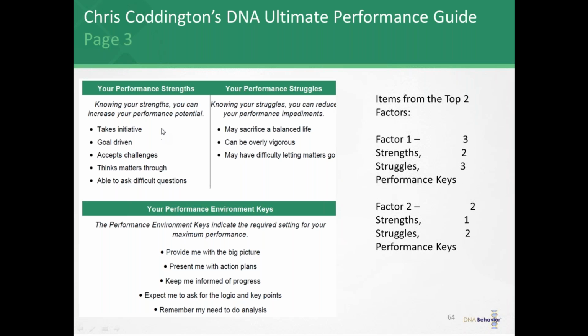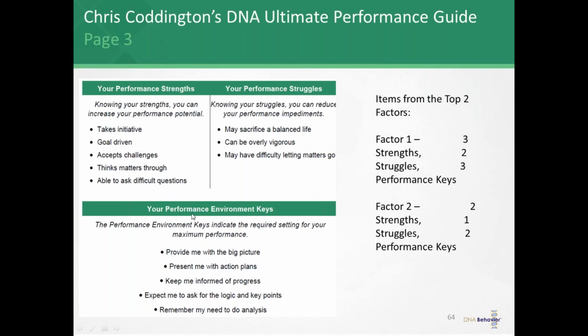For the strongest factor, we draw out the 3 strongest strengths, and then for the second factor, the 2 strongest strengths. And then for the struggles, we pull out 2 struggles from the strongest trait, and 1 struggle from the second strongest trait.